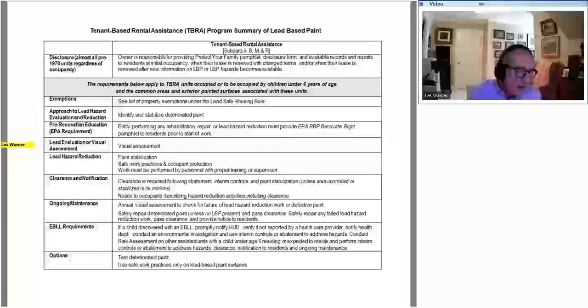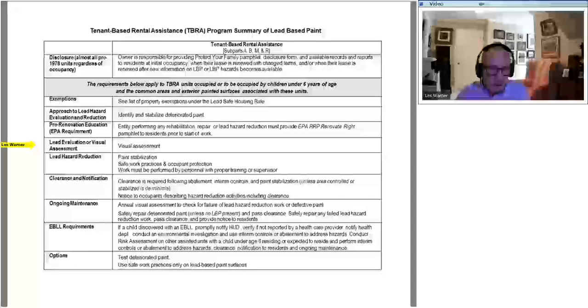And then we had a couple of questions in the same vein when we were talking about the level of evaluation. Because our materials talk about a risk assessment, there were a lot of questions about, wait a minute, is it a visual assessment? Is it a risk assessment that's required? So for Subpart M, a visual assessment is what's required.